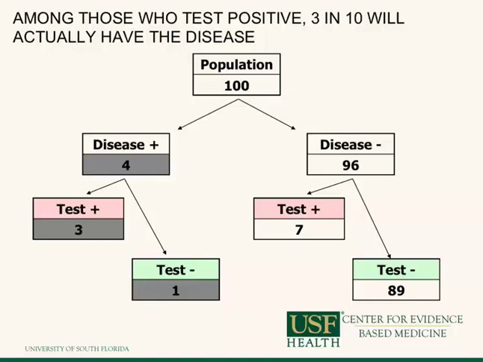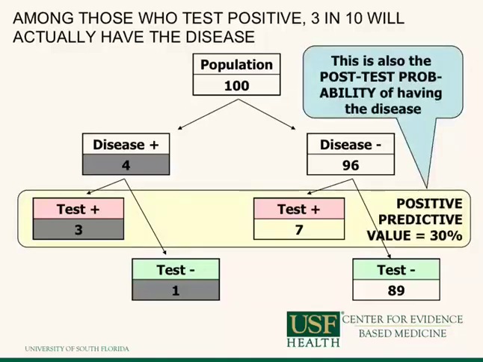Positive predictive value or post-test probability is the same thing. So test was pretty accurate, 75% sensitivity and 93% specificity. But when you apply the test in a setting, you are only 30% sure that the patient might have the disease if they test positive, which is not pretty impressive.